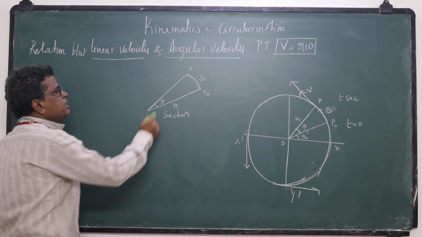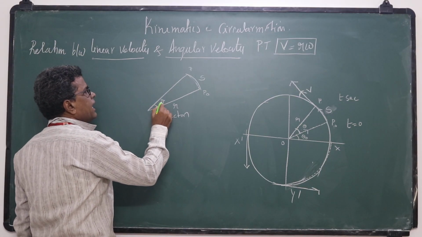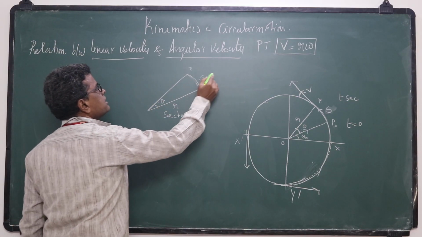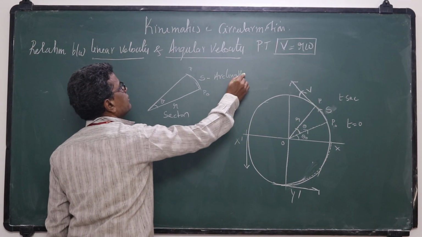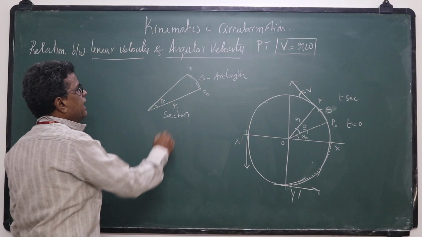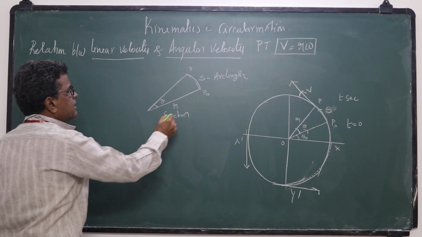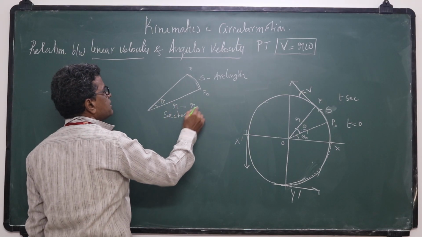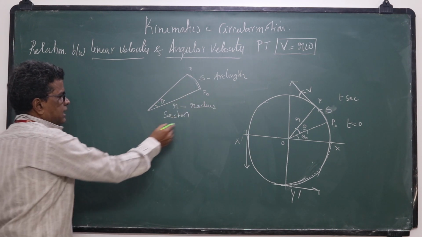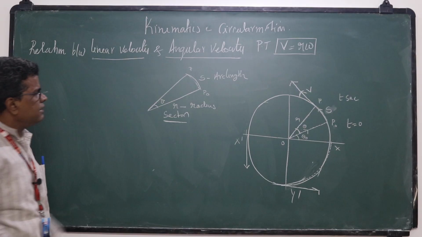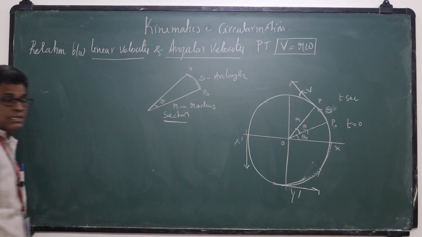Now how are these three related: angle, arc length and radius? R represents the radius of the circle, and theta is the angular displacement.